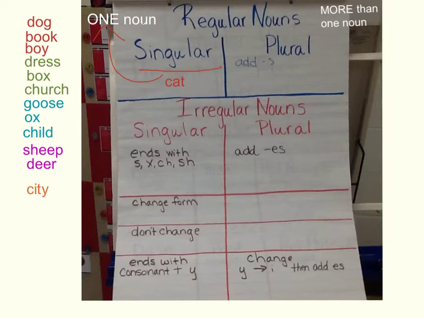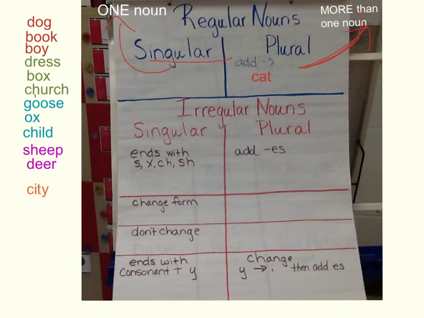A plural noun is more than one noun, which means you can take the word cat, which is one singular noun, a cat, and you can make it more than one by simply adding an S. Okay, so then you have cats, which is a plural noun. So singular, one noun. Plural, more than one noun.